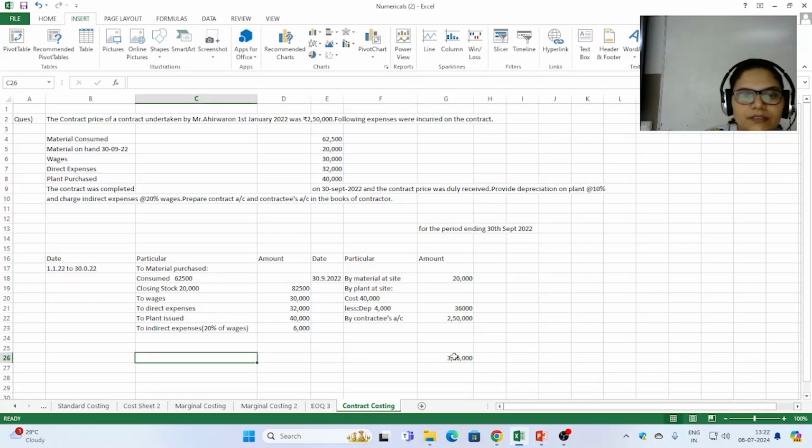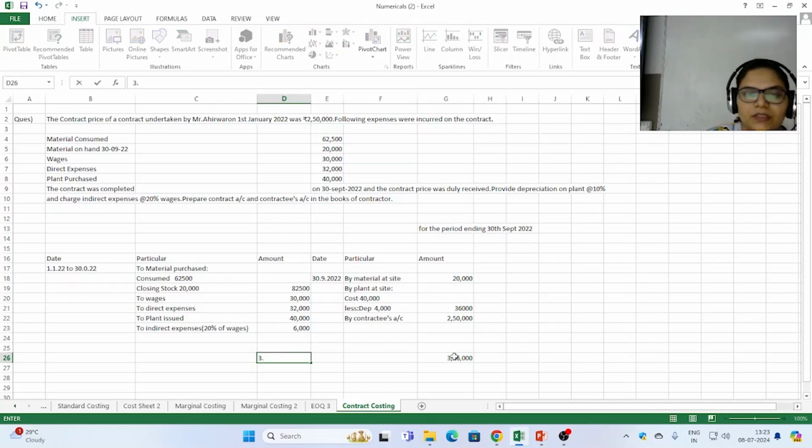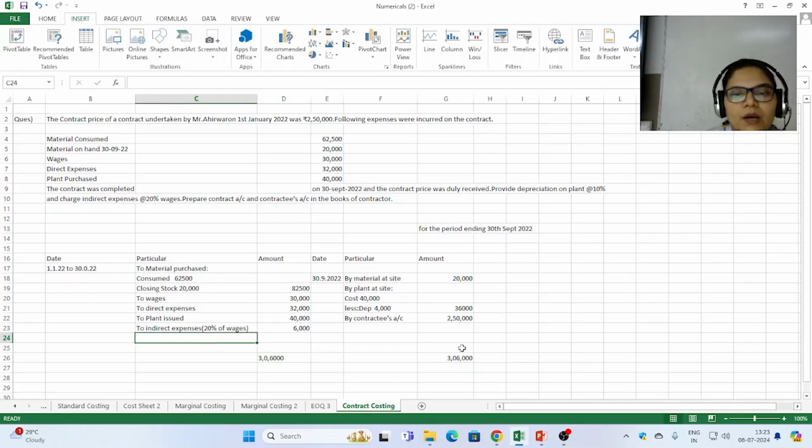Now after this, 3,06,000, we will note over here so that our proforma looks complete. Now we will adjust these figures out from 3,06,000. We will subtract all these values.